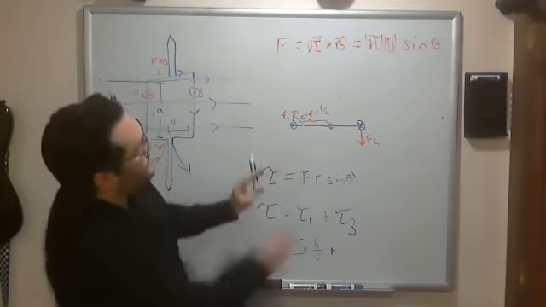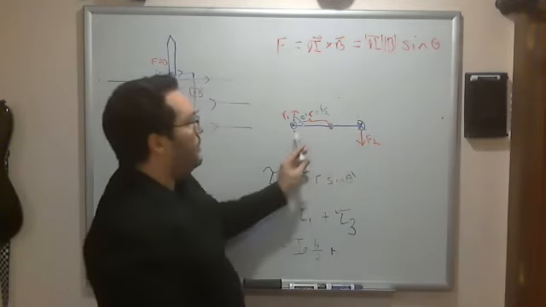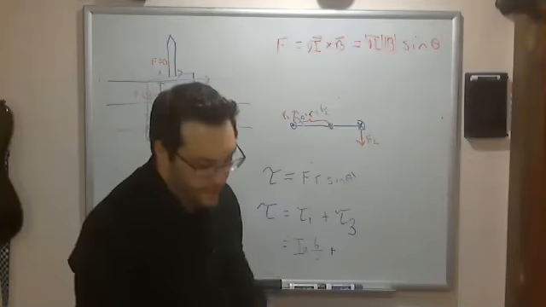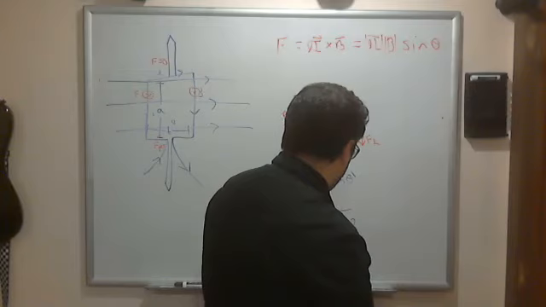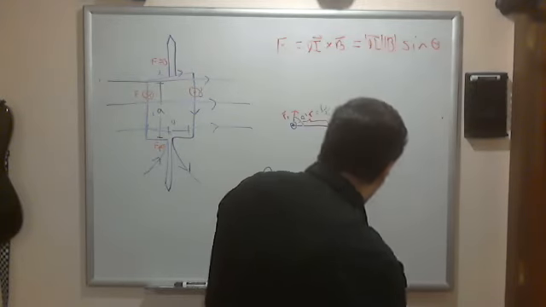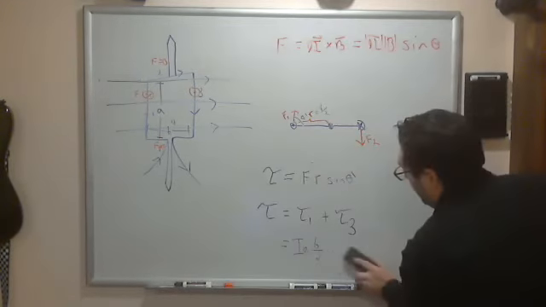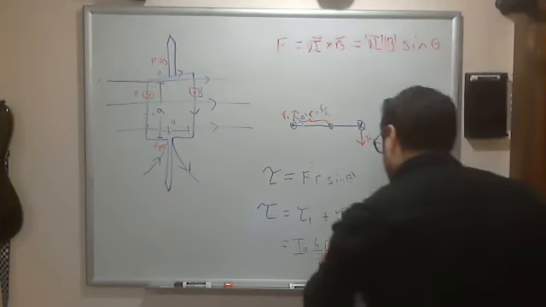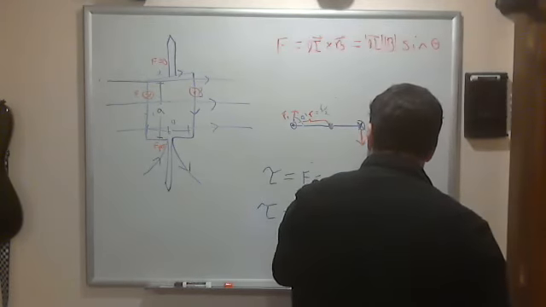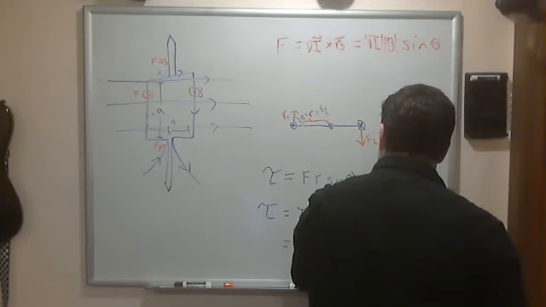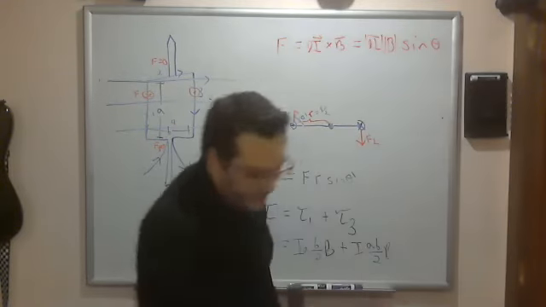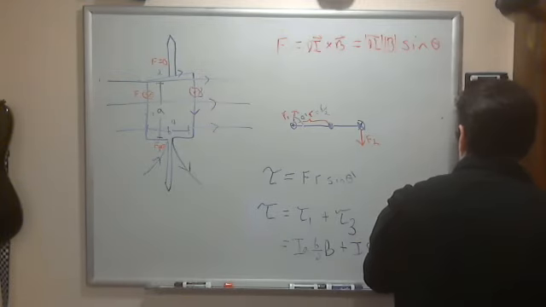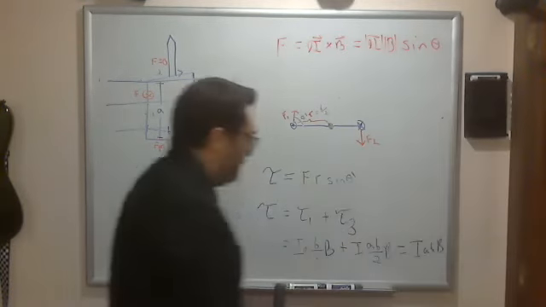And if you look, even though the forces are in opposite directions, because they're 180 degrees from each other from the central axis, they have the same sign for a torque. Oh, I forgot to add this times the magnetic field, of course. And it's the same over here, and it just comes out to be I times AB.